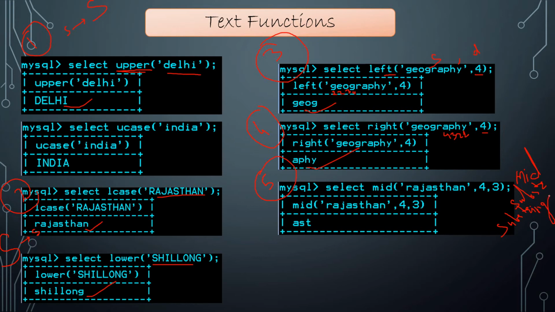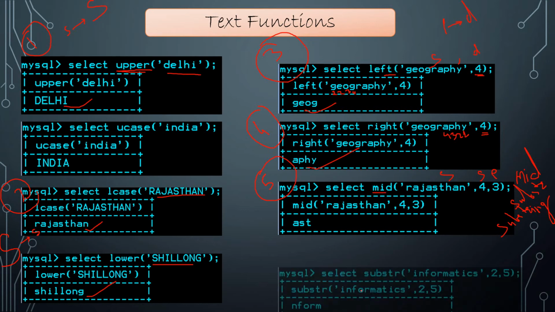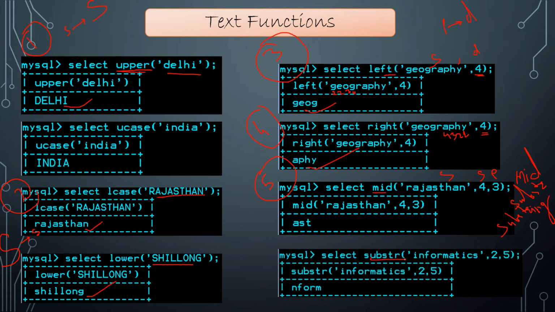Okay, now how are we going to do it? Here we are getting the total number of digits. That means the start is at 1 and then you have to go till the value that is given here. Same case, we have the starting value here and the ending value here. So your string, your starting value and your ending value, and your function name is either mid, substr or substring.